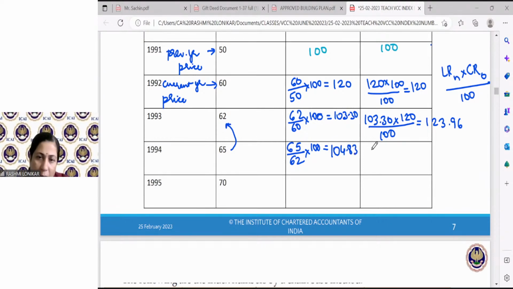And now I will multiply this 104.83 with the chain relative of the previous year, 123.96, upon 100. 104.83 into 123.96 is 129.94. Is this correct?